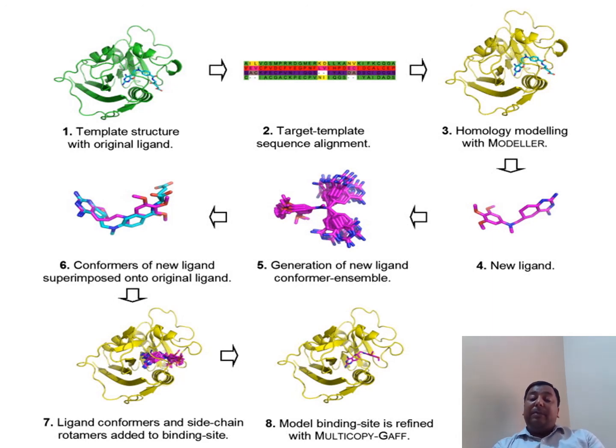Refinement algorithms means how the interaction is, how many hydrogen bonds are formed between the atoms of the ligands and the base pairs of the DNA, RNA or residues of the proteins. And what the binding affinities are, what the binding energy is, what the free energy changes are, and many other scoring functions which can be used for analyzing the structures.